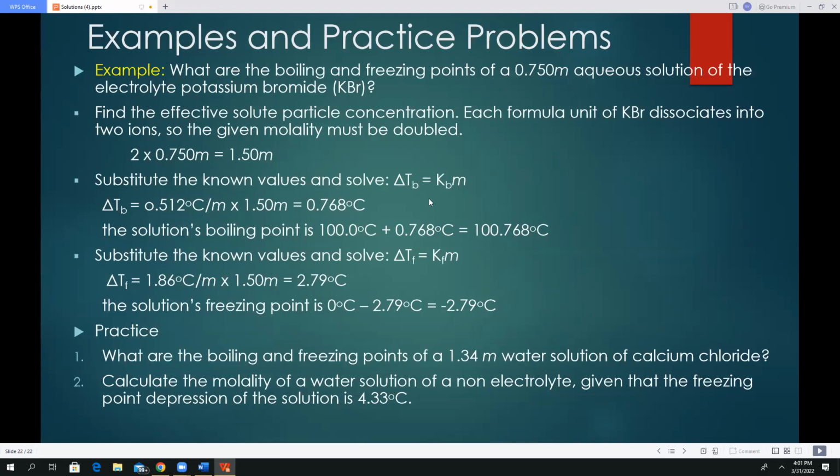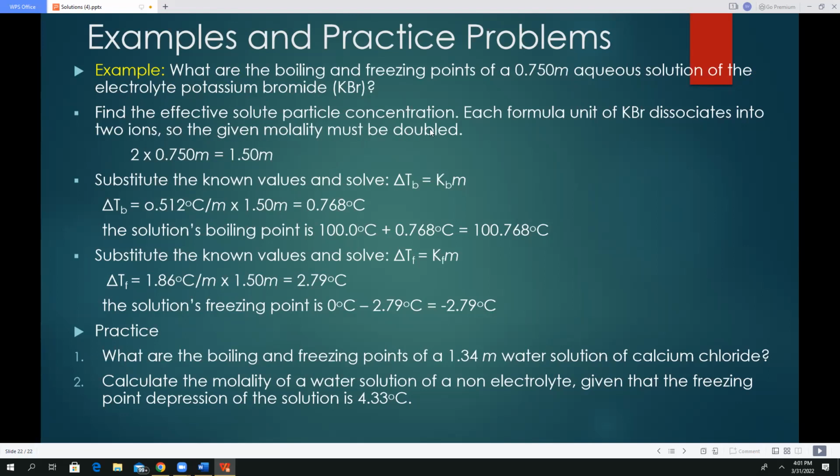Here's an example. What are the boiling and freezing points of a 0.75 molal aqueous solution of potassium bromide? And you notice it says the electrolyte, potassium bromide. So for the effective solute particle concentration, each formula unit of KBr dissociates into 2 ions.